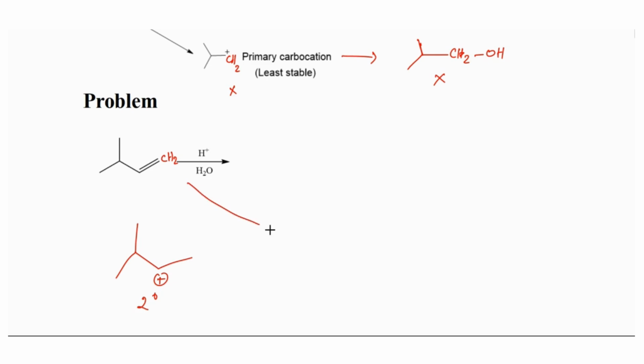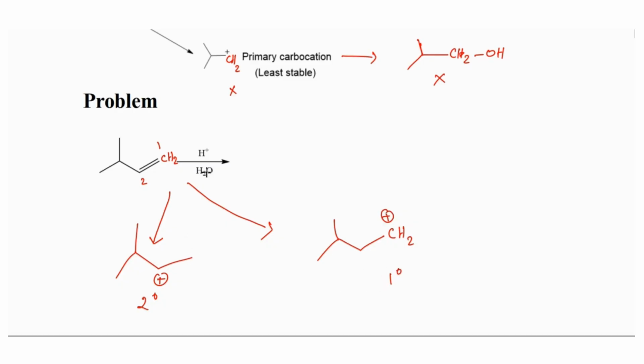And in the other way, what will we get? If it gets added to this carbon, the first carbon, this is the alkene carbon, this is the second alkene carbon, we will get the CH2, and we will get this one. So this is the primary carbocation, and this is the secondary carbocation.